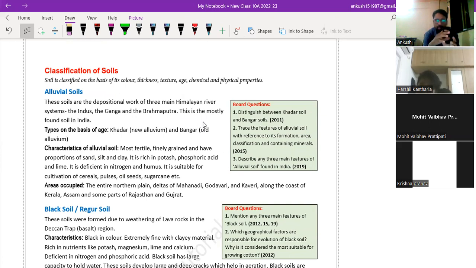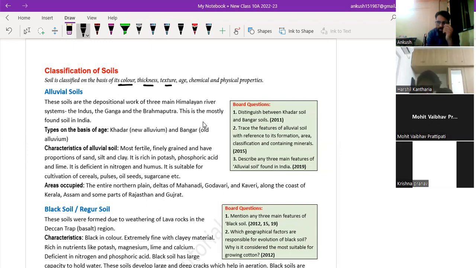So, classification of soils: first of all, soil is classified on the basis of its color, thickness, texture, age. Color is based on like black or regur or something. Thickness, how much water can it retain?